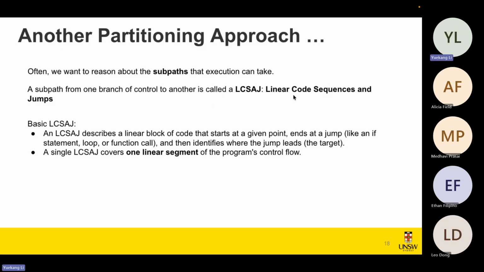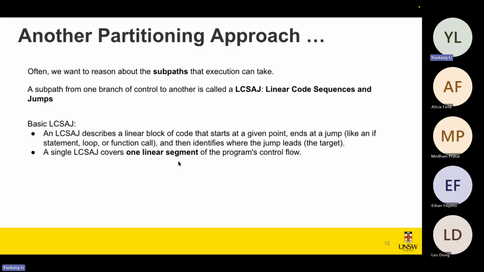A linear code sequence and jump actually is used to describe a linear block, because for basic block, remember the idea is that it is a block of statements that will always execute together, right? And this segmentation here is actually very similar. So it is used to describe a linear block of statements that will always execute together.